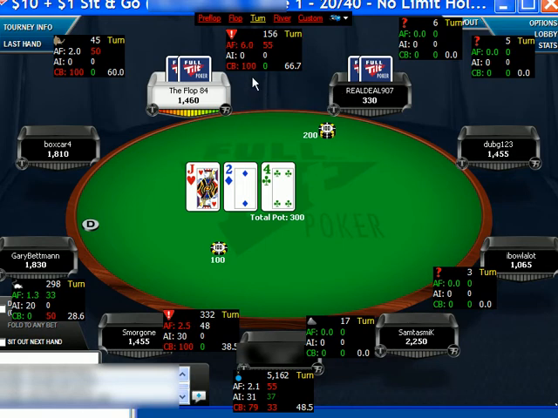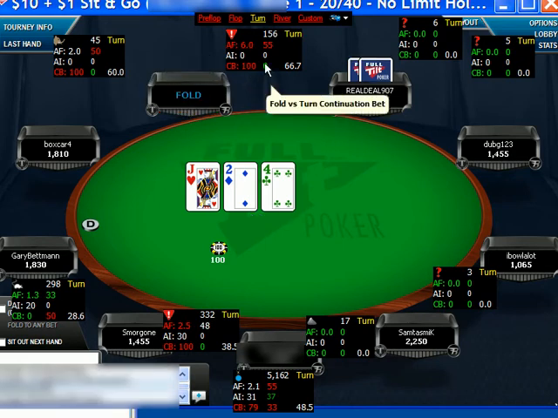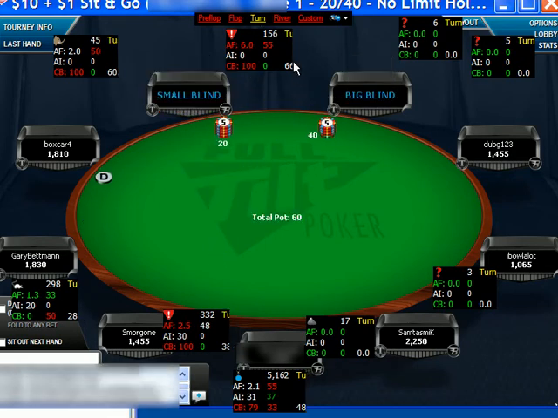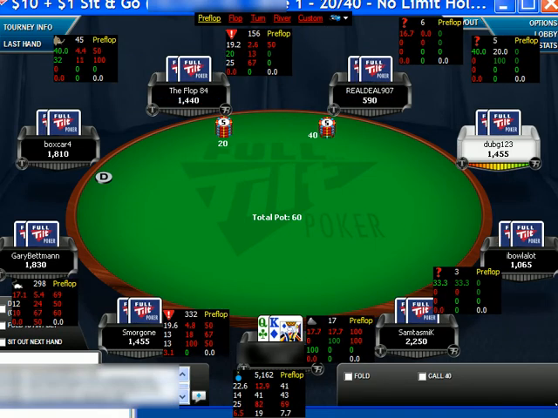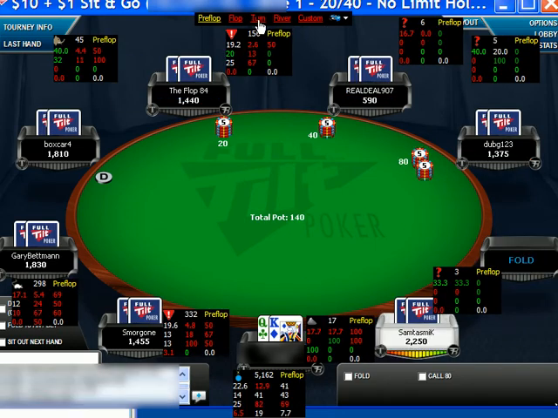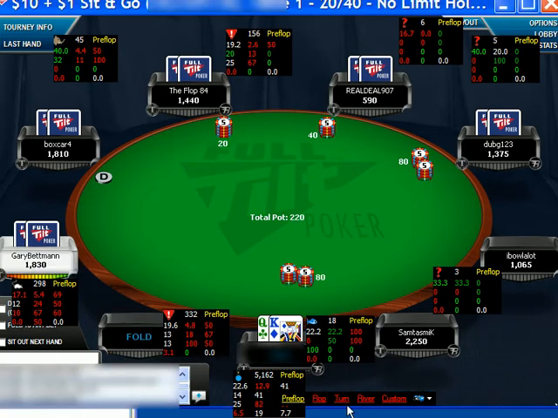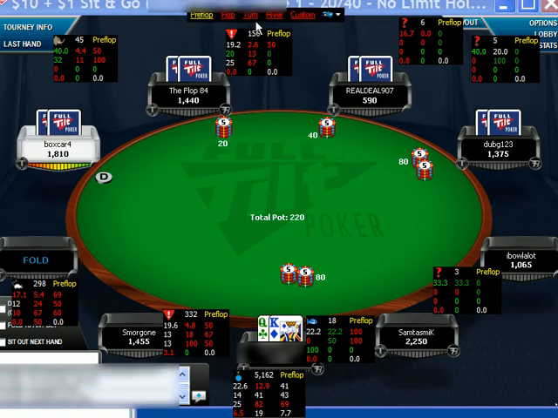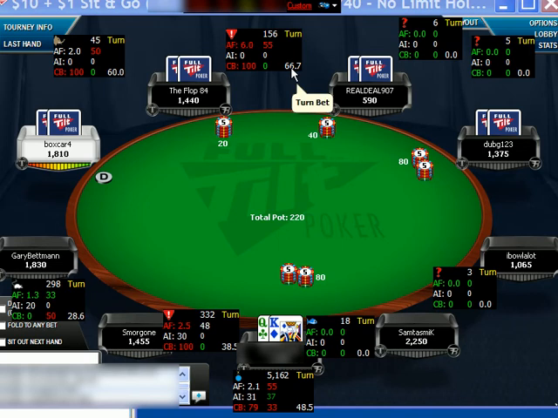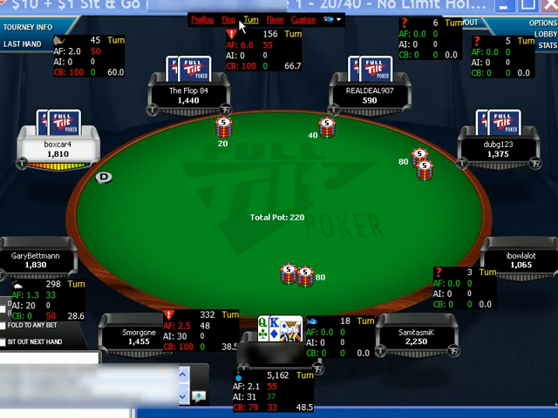Then of course we have the turn C-bet, fold versus a turn C-bet, and the last, turn bet frequency.